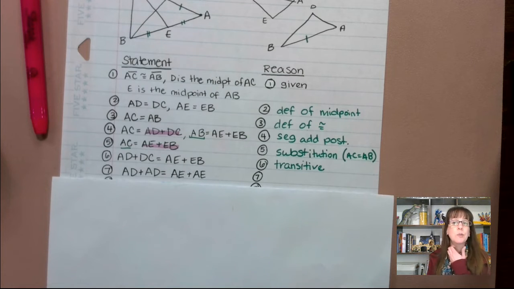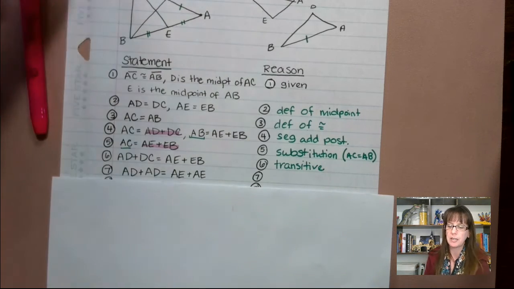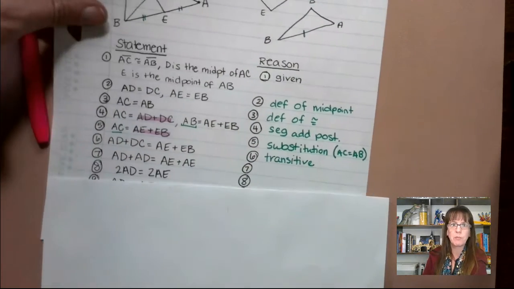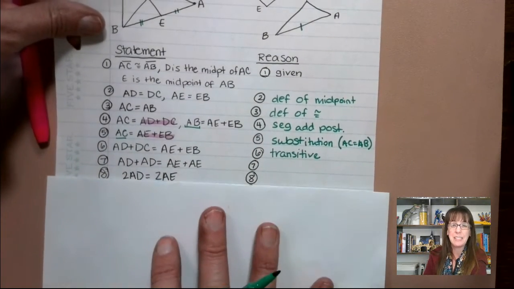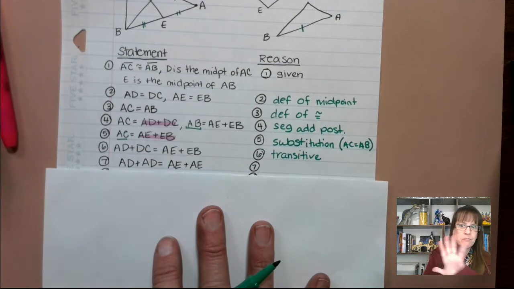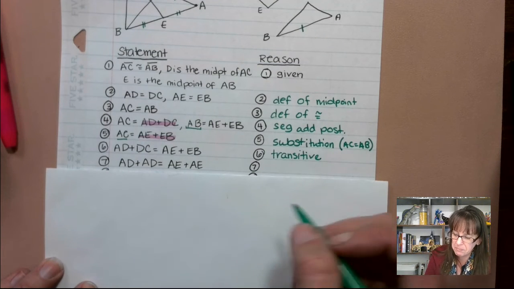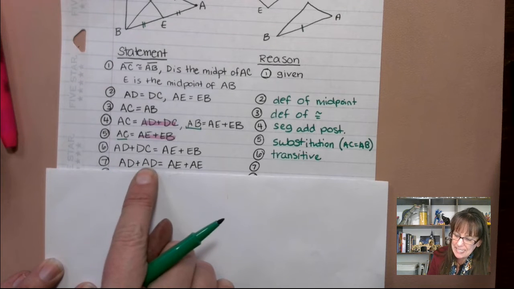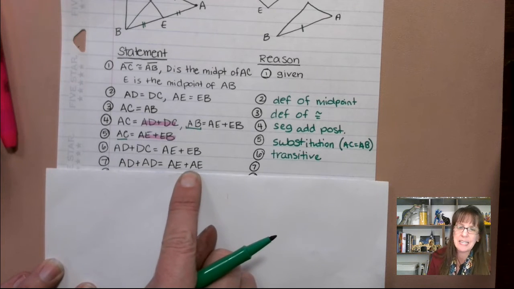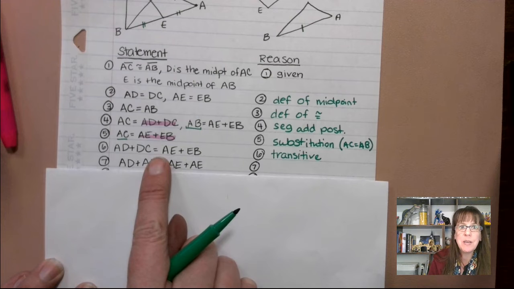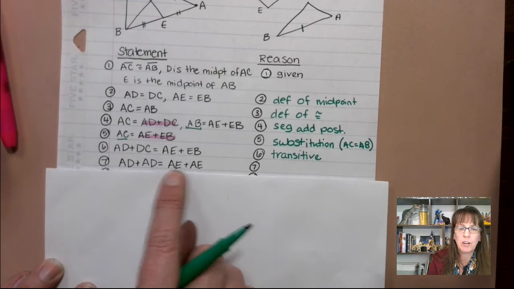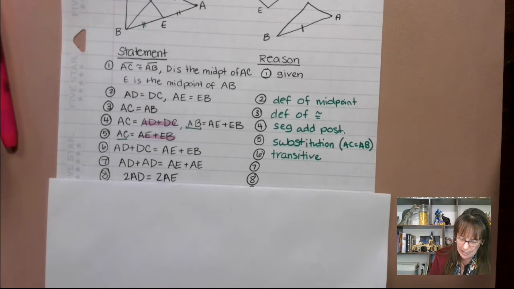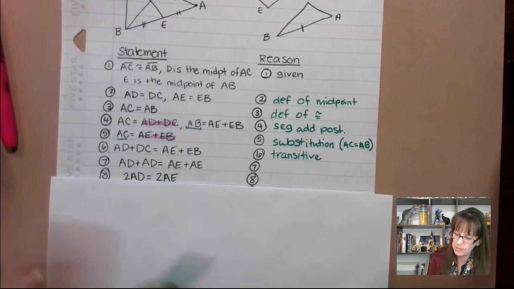Now, oftentimes when you're doing these proofs and you do segment addition postulate, try substituting things in and then writing new sentences, because it's exactly what we're going to do here. Sneak peek, you can see the step 8. Okay, so for number 7 here, we have AD plus AD equals AE plus AE. No, not simplify.